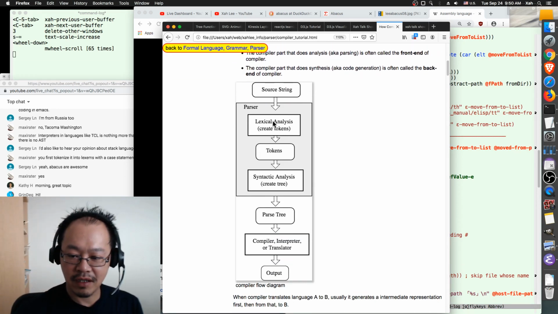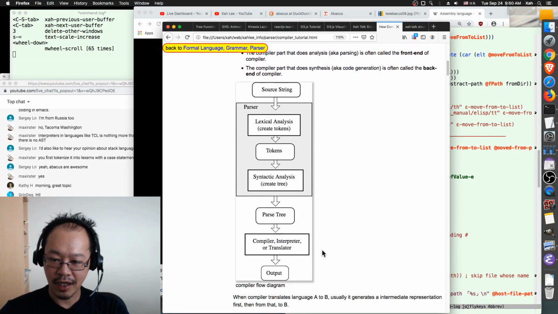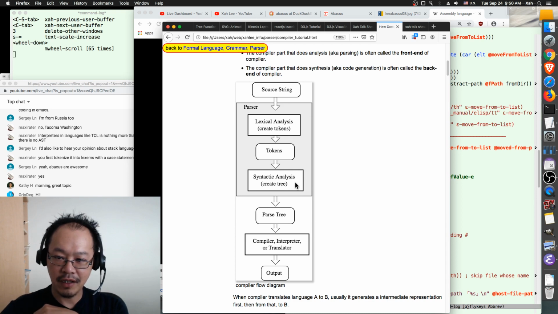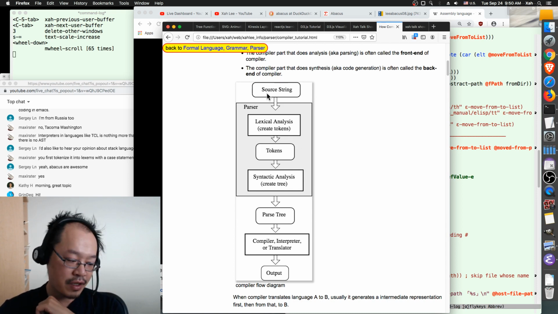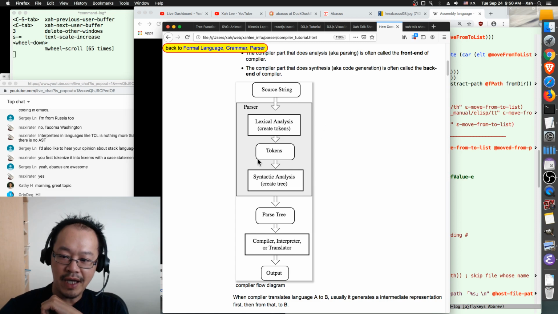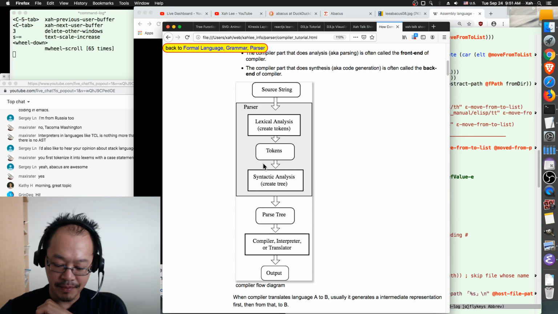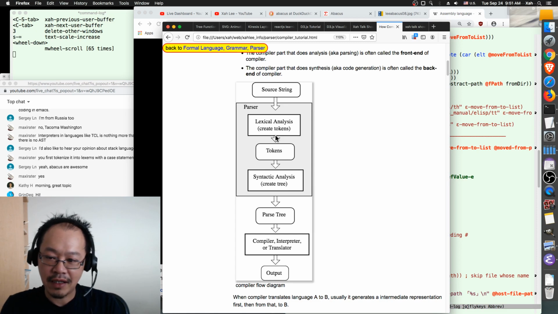So here is the two steps in more detail. The first part here, you start with a source code string. Then the first part of compiler's job is called parsing. So you parse it. Parsing has three steps: lexical analysis, tokens, syntactic analysis.